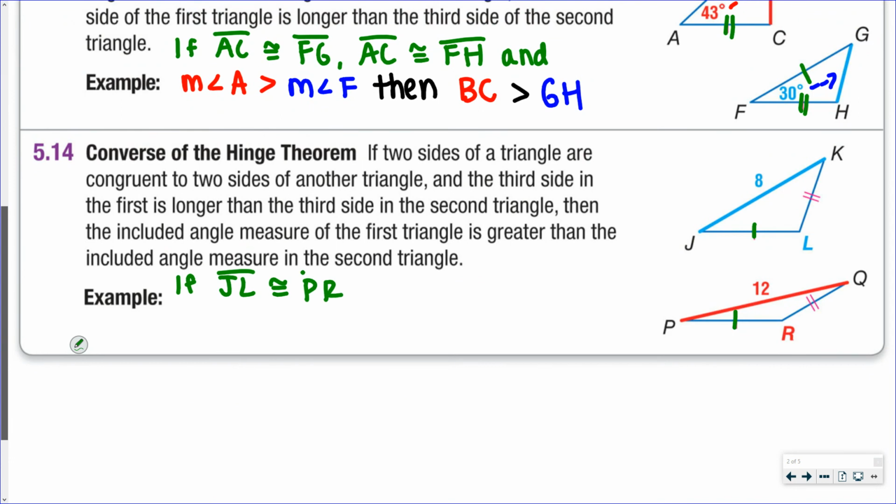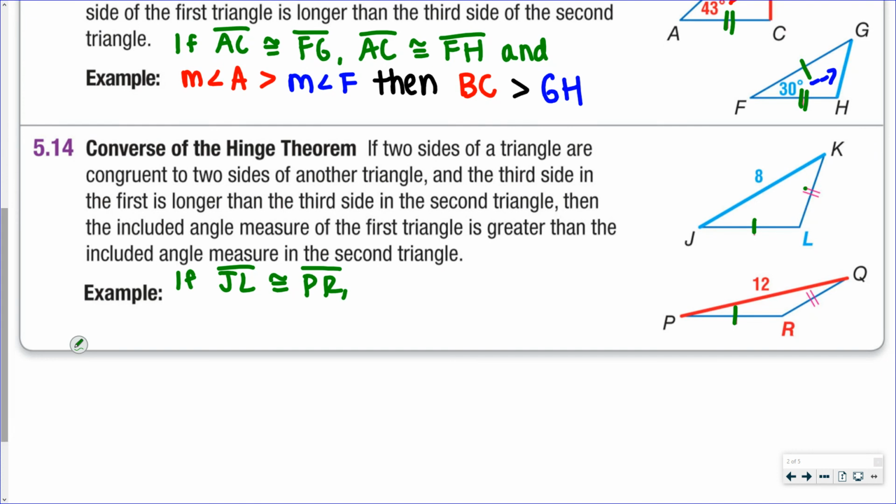In those two triangles, LK and RQ are congruent.